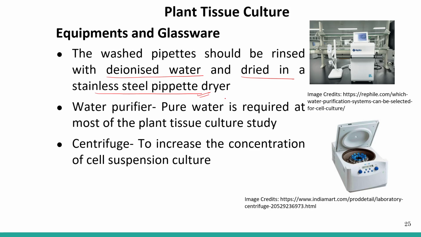Water purifier: pure water is required in most plant tissue culture studies, so we require a water purifier also. Centrifuge machine: to increase the concentration of the cell suspension culture, we require a centrifuge machine also.